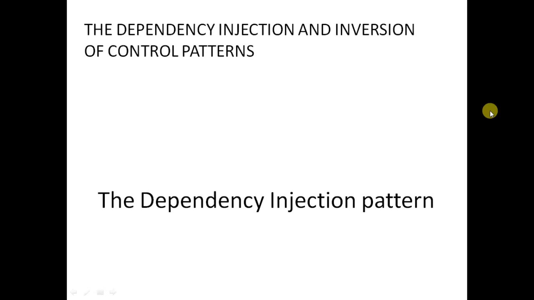Now, the dependency injection pattern. If you have ever written a function that takes an object as an argument, you can say that you wrote a program that instantiated this object and injected it into the function.